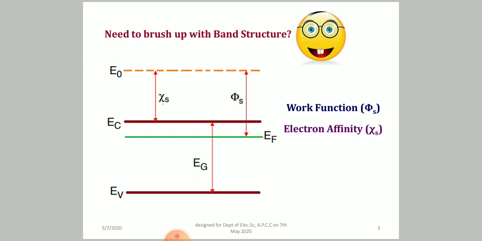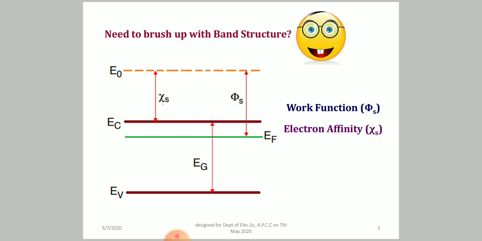So now the distinguishing factor: for a non-degenerate semiconductor, work function is greater than electron affinity, and for a degenerate semiconductor, say degenerate n-type, work function is less than electron affinity. Now the concept, I think, is clear.